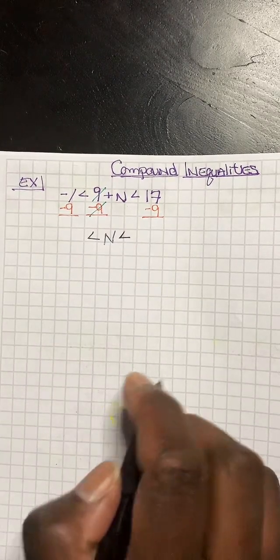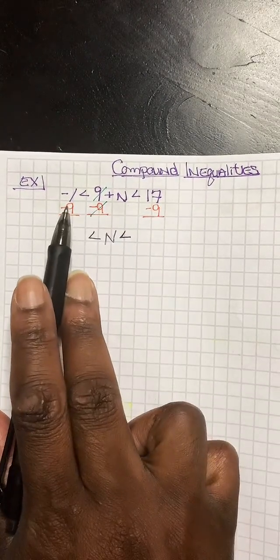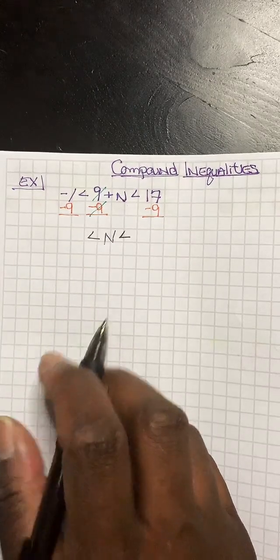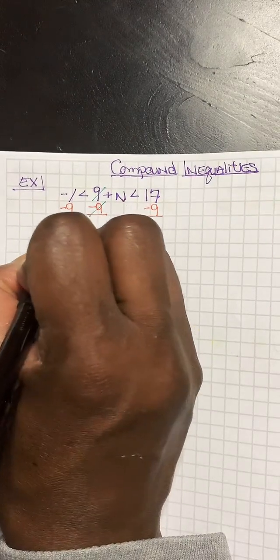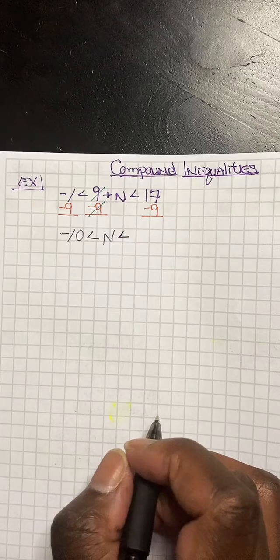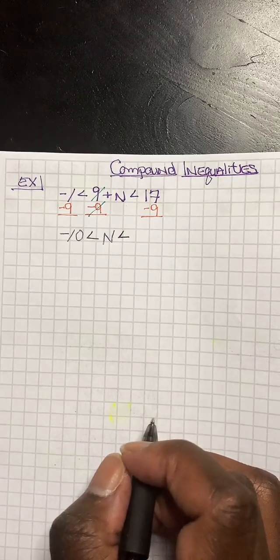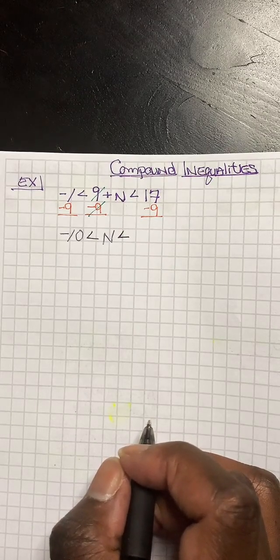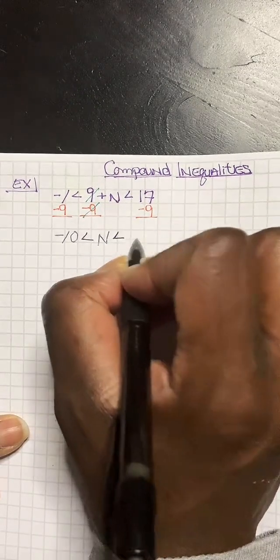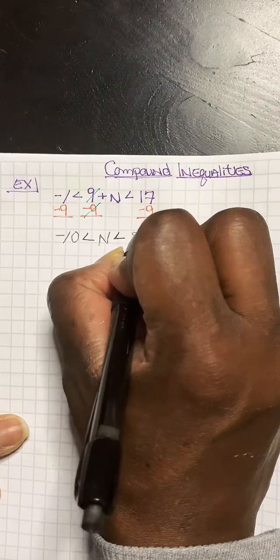So now all we have to do is, over here, we got -1 and -9. So -1 minus 9 gives me a -10. I saw someone put that into the chat. Good job. I'm going to have to take a look to see who it was because everything is just flying through. And then 17 minus 9 gives me a positive 8.